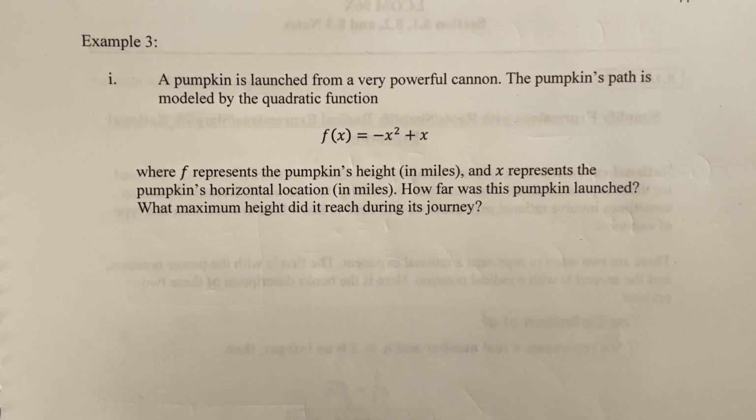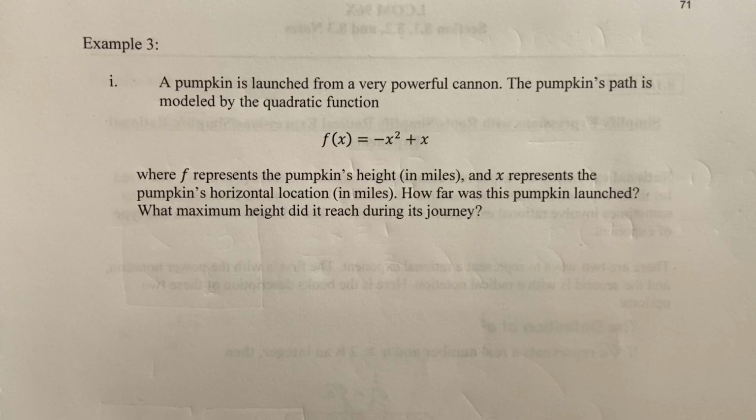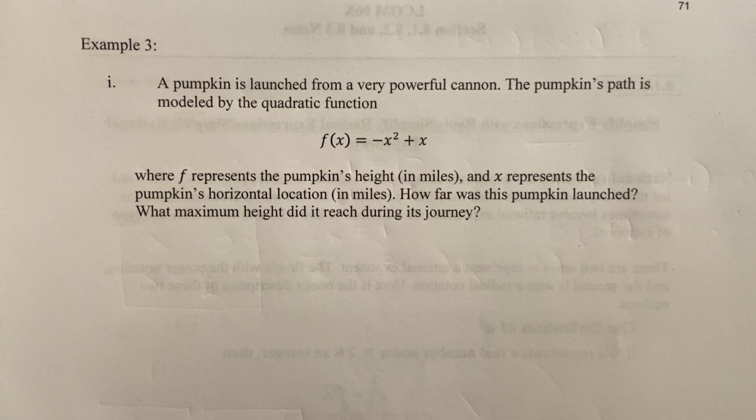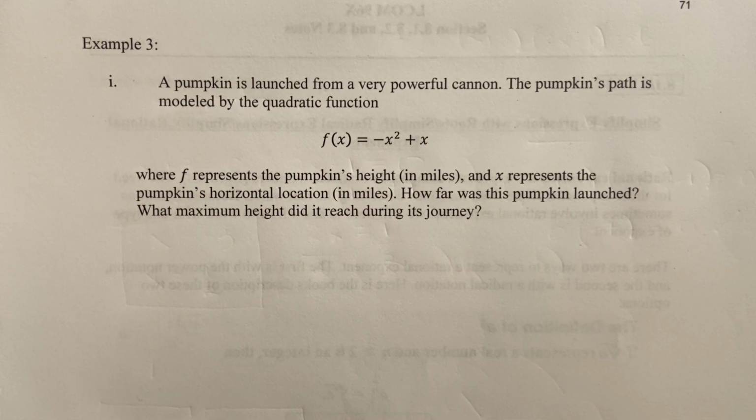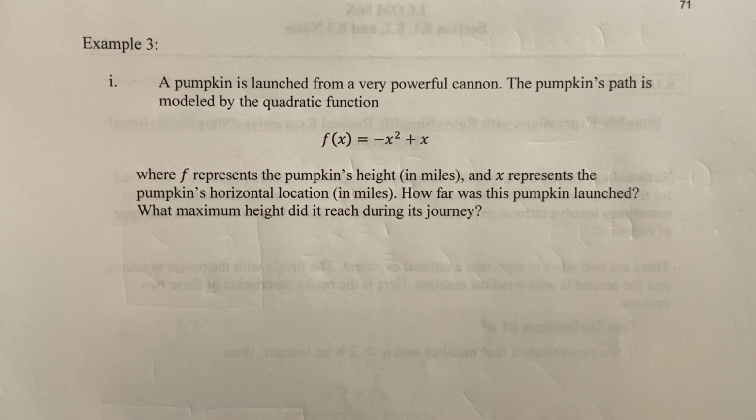So an application. It says a pumpkin is launched from a very powerful cannon. I don't know if you guys have seen that. These ridiculous cannons they build, and then they put a pumpkin in there and they can launch these things like a mile. Anyways, a pumpkin is launched from a very powerful cannon.